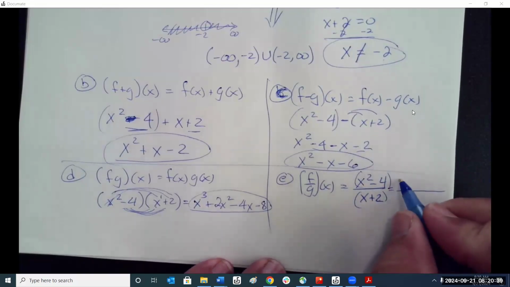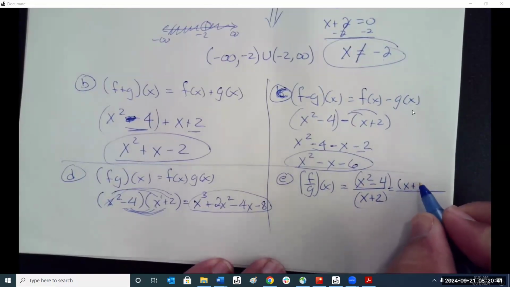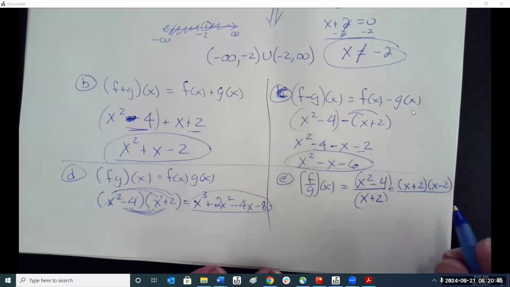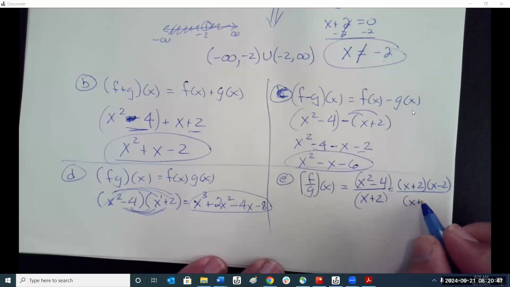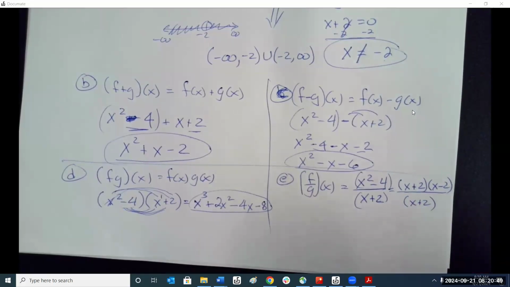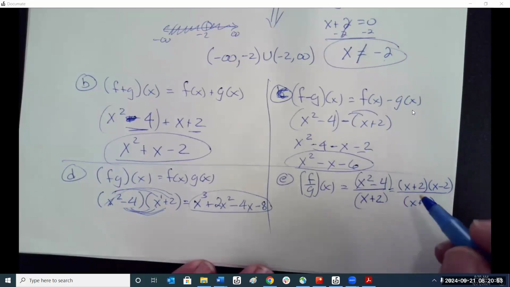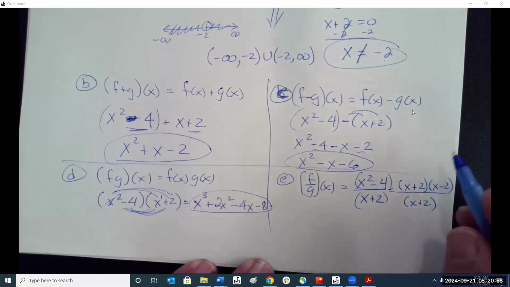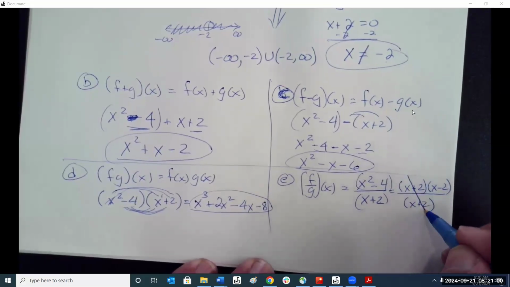X squared minus 4 can break down to x plus 2 times x minus 2. And the bottom is x plus 2. Remember, our domain is we can't use negative 2. So when we do this, we'll see that these cancel.